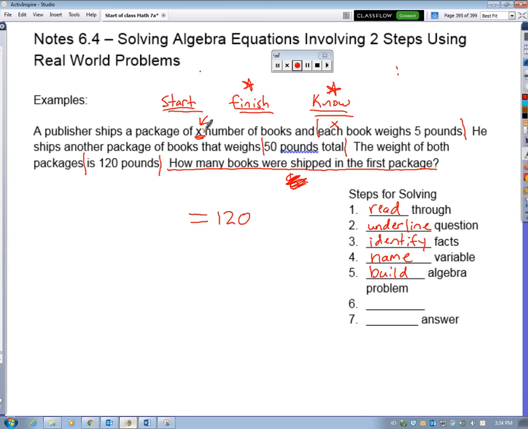So to get to 120 pounds, it's going to be 5 pounds times the number of books we have in package 1, 5x. Then we're also going to add the weight of package 2. Both of these together equals 120 pounds, which is our total. There's our algebra equation.